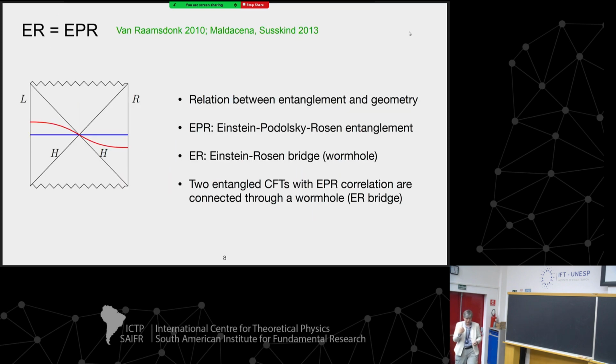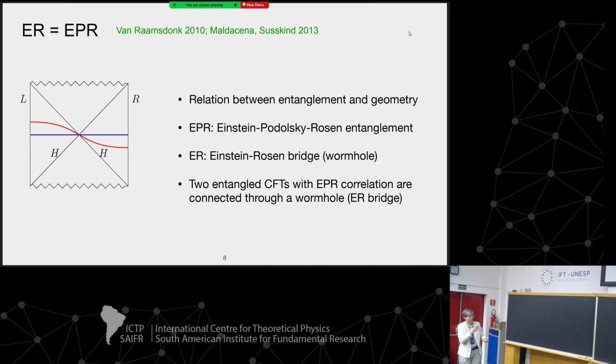Okay, so another important development, which goes essentially back to Van Raamsdonk in 2010, and also Maldacena and Susskind, is the ER=EPR proposal, which, as we will need for this talk, is a relation between entanglement and geometry. EPR stands for Einstein-Podolsky-Rosen entanglement, and ER stands for Einstein-Rosen bridge, which is essentially a wormhole.